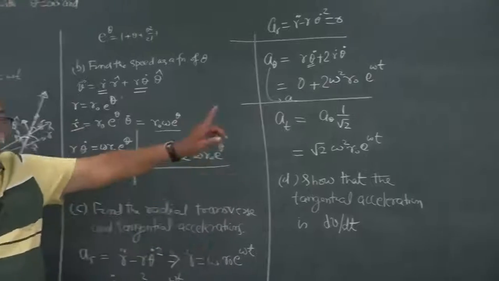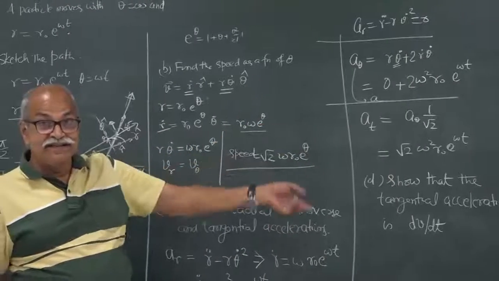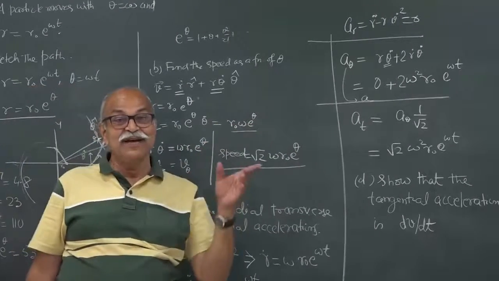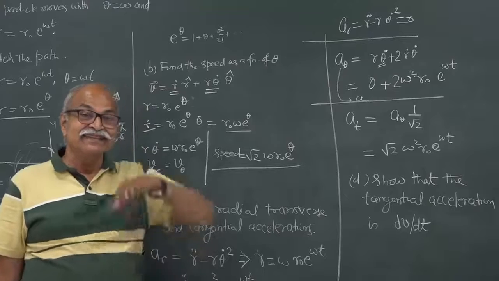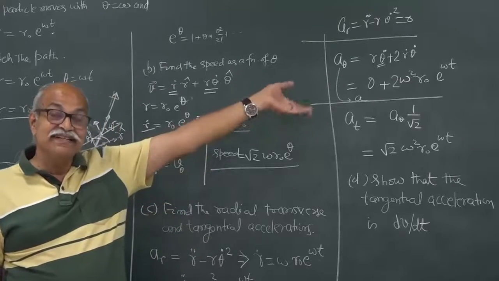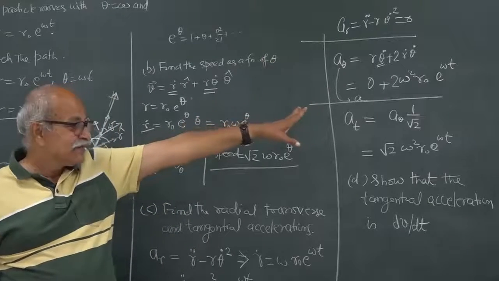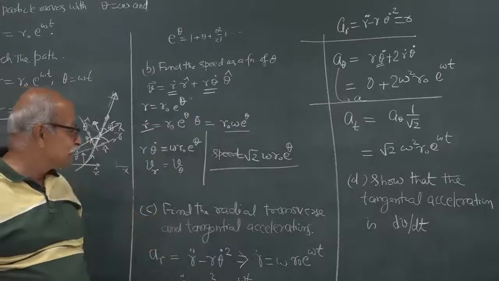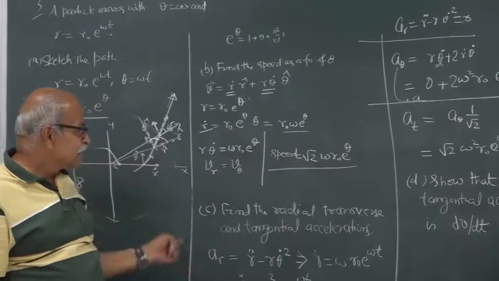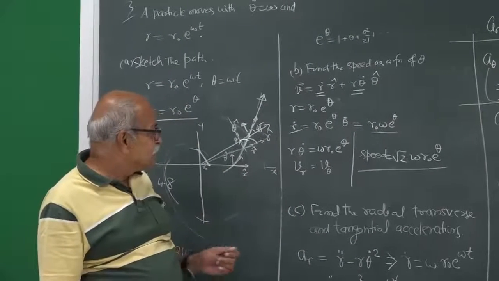In circular motion you must have studied that the radial acceleration is v square by r towards the center, and the tangential acceleration is dv dt, rate of change of speed. That we generally do for circular motion, but here if I do this dv dt, what is speed?